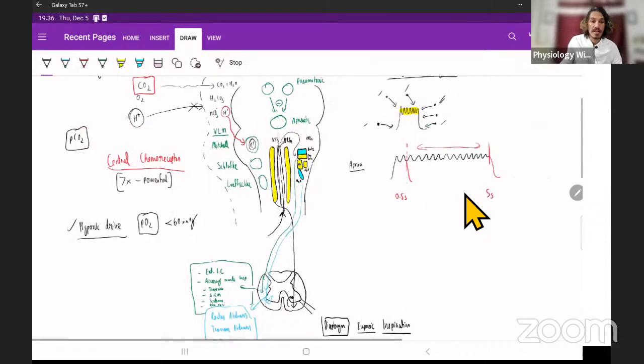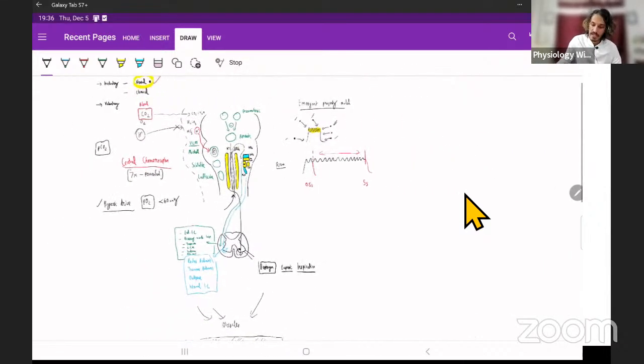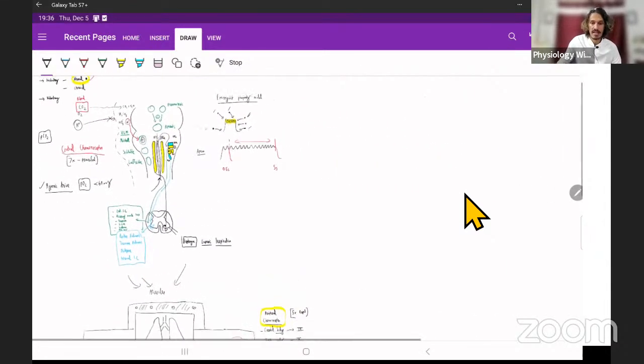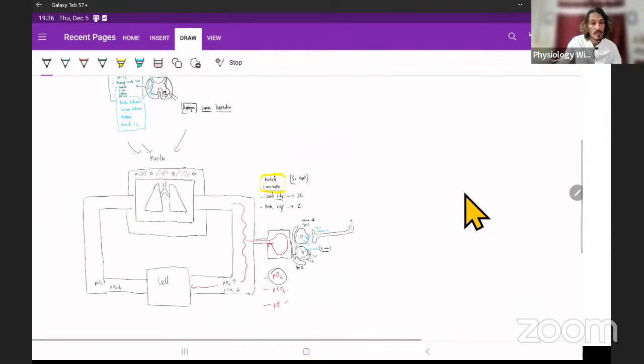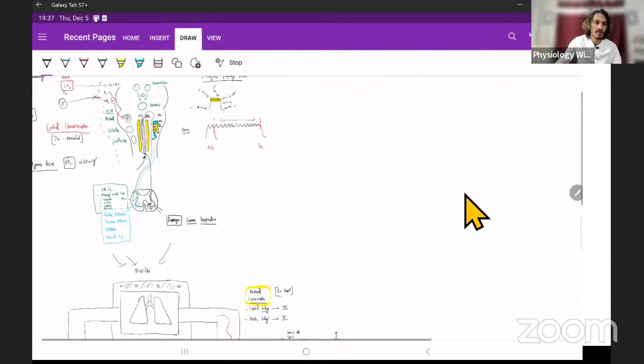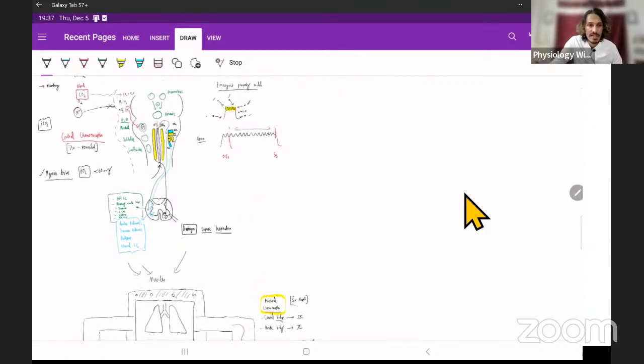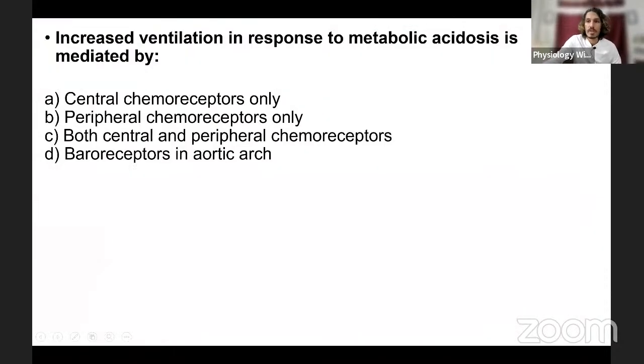So now you understand, if you take a look at these diagrams, we talked about neural regulation, and we talked about your peripheral chemoreceptors for chemical regulation and the central chemoreceptors for, again, chemical regulation. Now, we'll go on to the remaining questions. Increased ventilation in response to metabolic acidosis is mediated by?